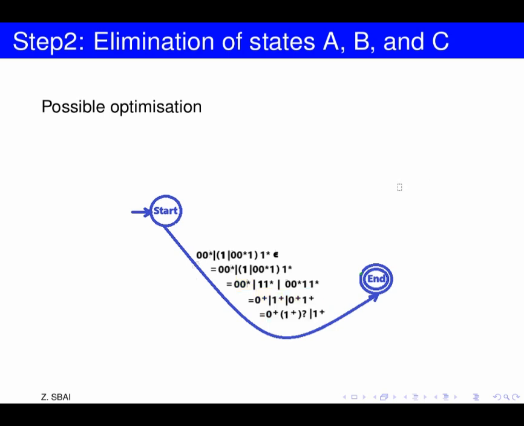Another possible optimization is to write 0 plus followed by an optional part, which is 1 plus. As we may see here, we have the possibility to write 0 plus alone, or 0 plus 1 plus. And the last part, 1 plus, which is written from here.